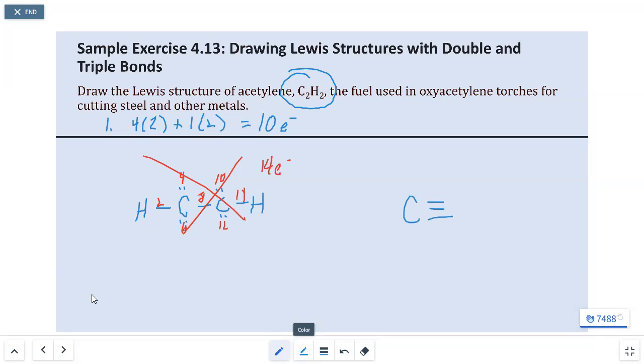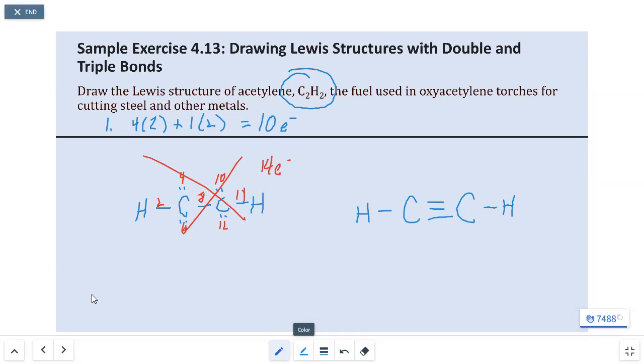So those extra 2 bonds between the carbons mean that that single bond that was there is now a triple bond. There are 6 electrons being shared between those 2 carbons. With our refigured structure, we still need to go through all of the other steps.